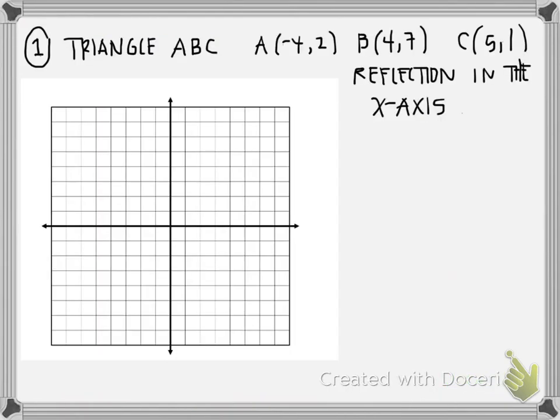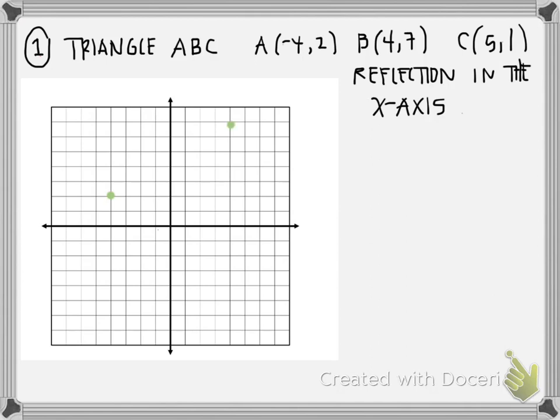Okay, so let's do some examples. If I had the triangle ABC where my vertices were A at negative 4, 2. So let's draw that. 1, 2, 3, 4, up 2. My next vertex would be B at 4, 7. 1, 2, 3, 4.